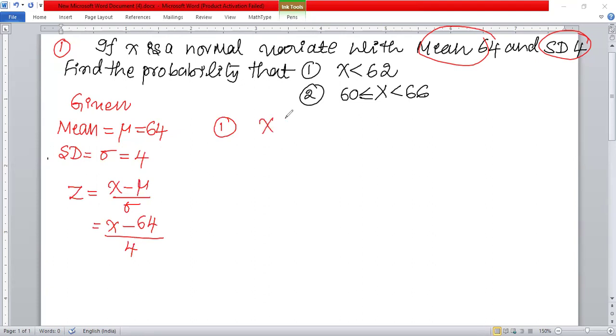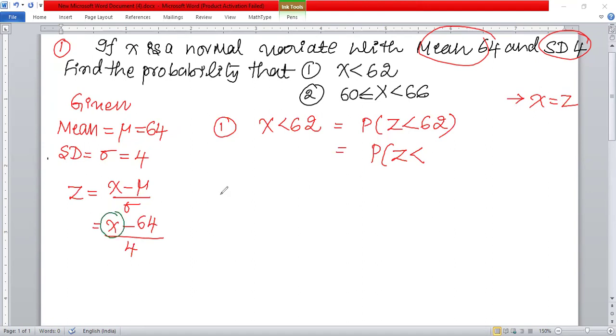For the first question, x is less than 62. Guys, instead of x, I'm going to consider Z. Nothing to worry, x and Z are standard normal variates. So probability Z less than 62 is equal to probability Z less than, substituting the x value 62, 62 minus 64 divided by 4.